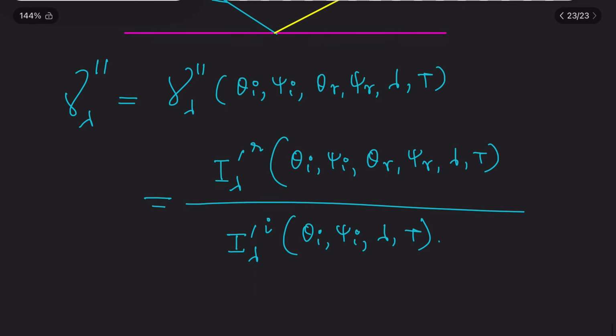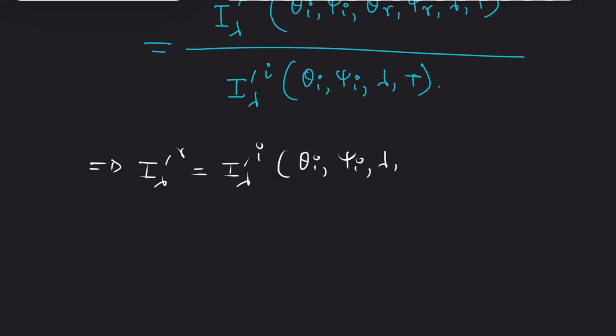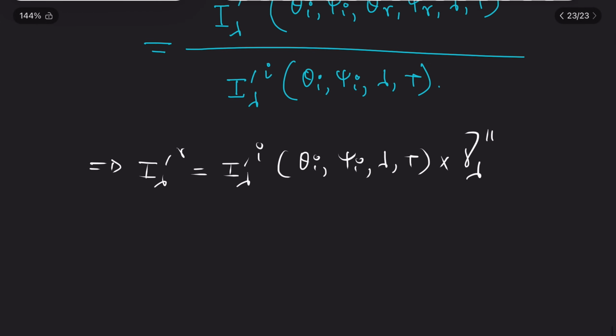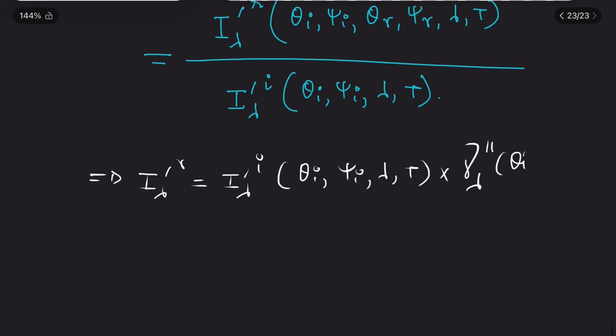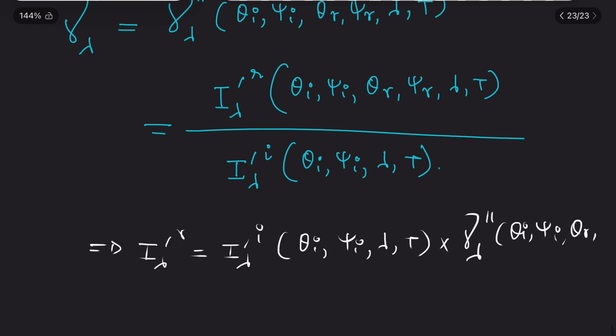or in other words, you can see it beautifully like this, that is my I lambda r is equal to I lambda dash I, that is a function of theta I psi I lambda comma t, into my reflectivity, this thing, theta I psi I theta r psi r lambda comma t.